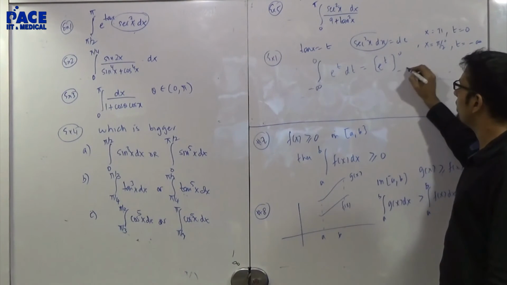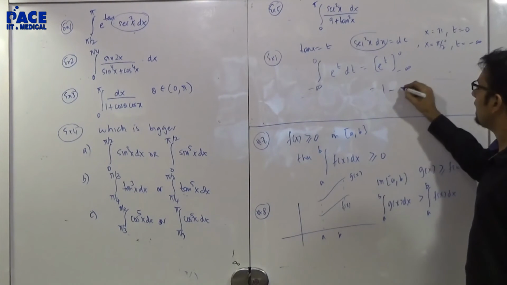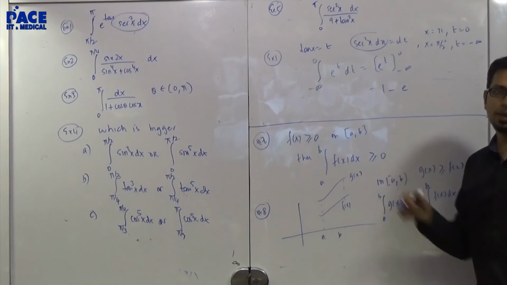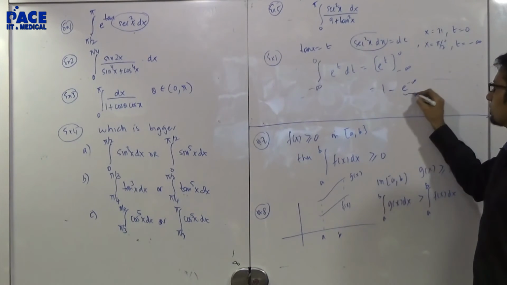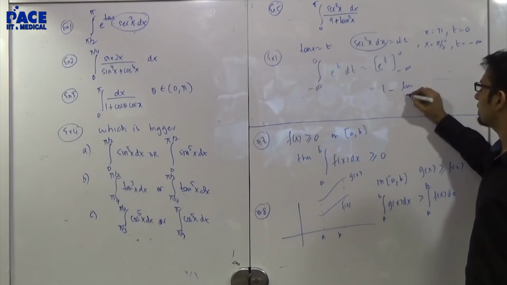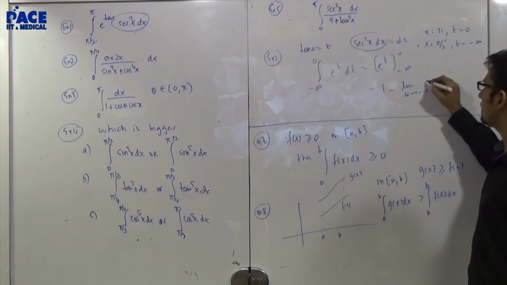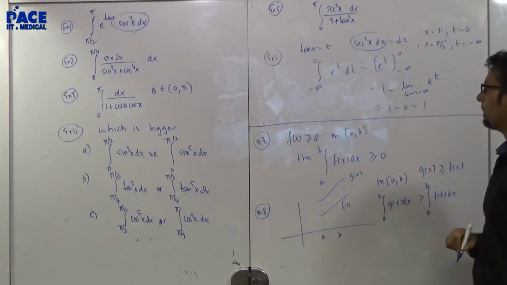And the limits will be 0 and minus infinity. So e raised to 0 is 1. And e raised to minus infinity, actually we will not write that, it's obviously e raised to t tending to minus infinity, which is 0. So this is actually wrong, it should be written limit t tending to minus infinity e raised to t, and this is going to be 0, so the answer is 1. Okay?